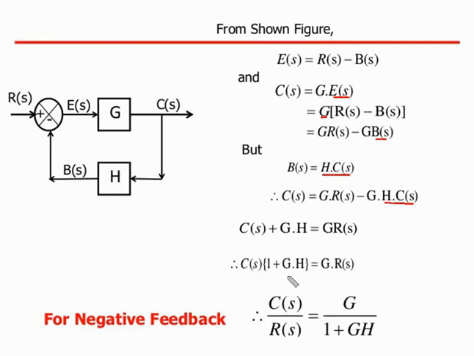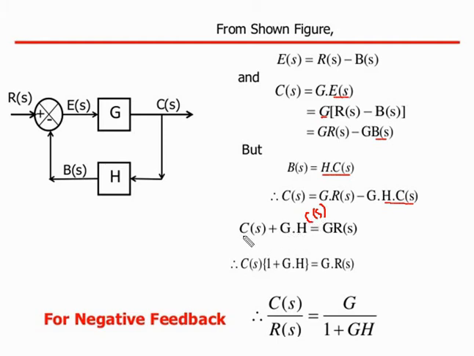If we take this to the right side, the minus sign becomes plus: C(s) plus G H C(s) equals G R(s). Here C(s) is common in both terms.